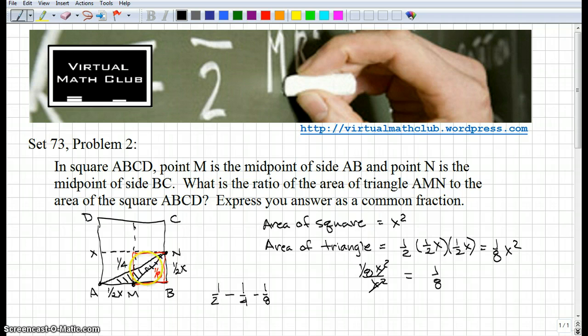I should get that area because I take half the square minus 1/4 minus 1/8. And if I do that, let's see, I convert everything to 8. So this is 4/8 minus 2/8. That's 2/8 minus 1/8. That gives me 1/8 left over. So either way, you get that the ratio of the area of triangle AMN to the area of the square is 1/8.